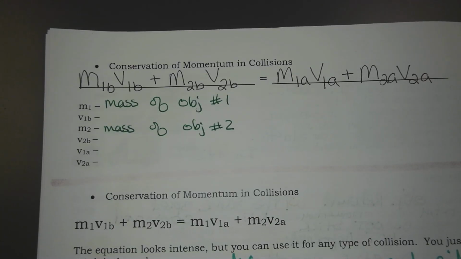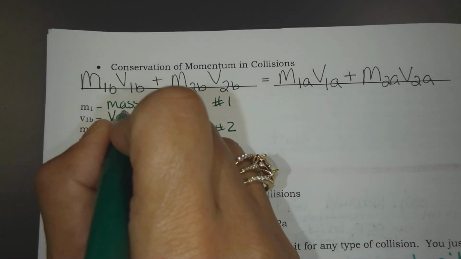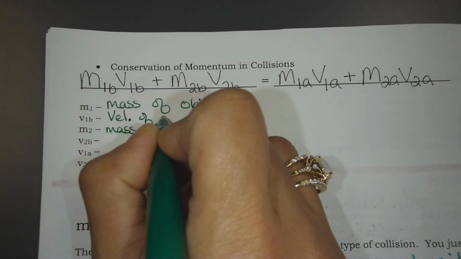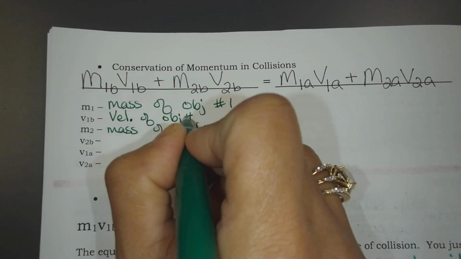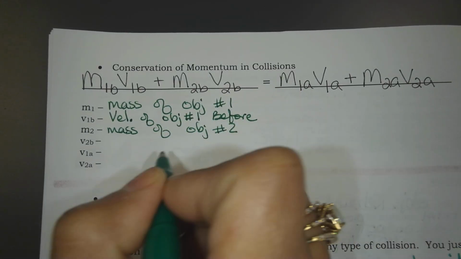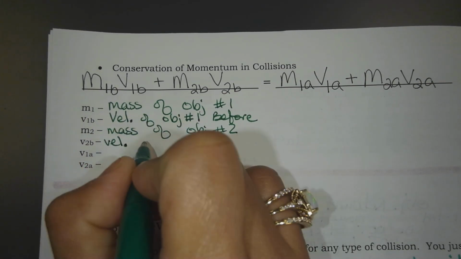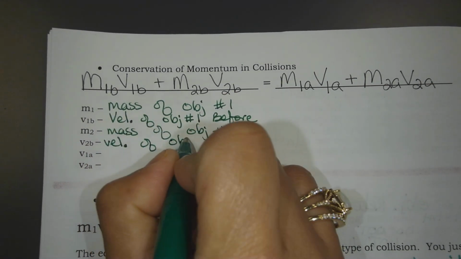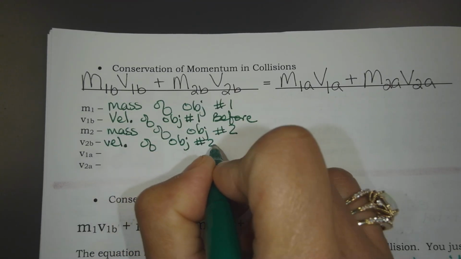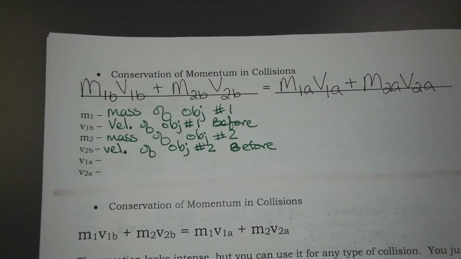We can have however many objects are going to collide. The next one after that, V1B is going to be the velocity of object number 1 before the collision. Just like V2B is going to be the velocity of object number 2 before the collision.